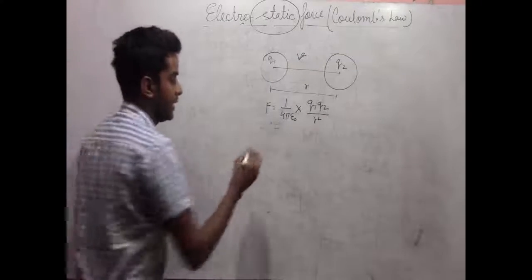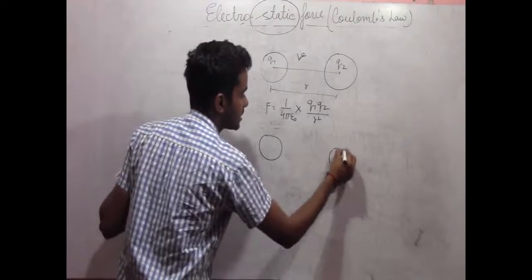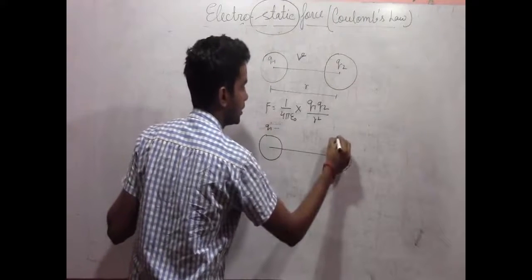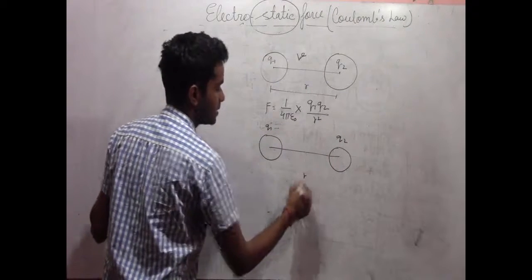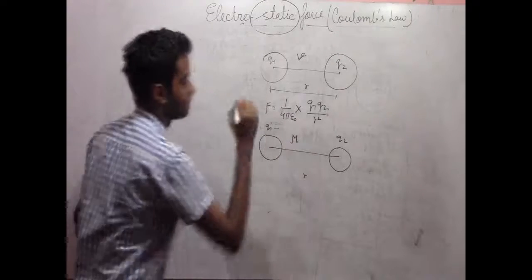Next, if there is a medium between the charges, this is your Q1 and this is your Q2, the distance between the charges is R, and here a medium is present.